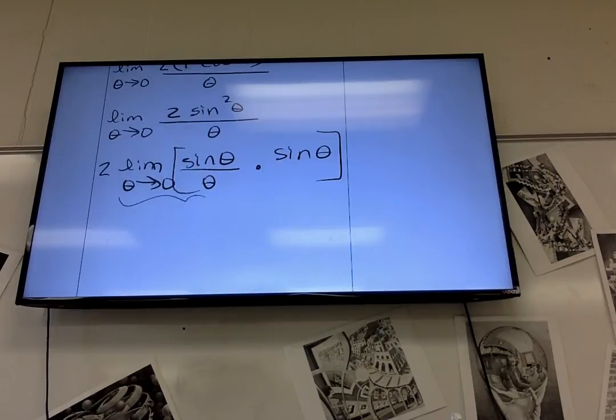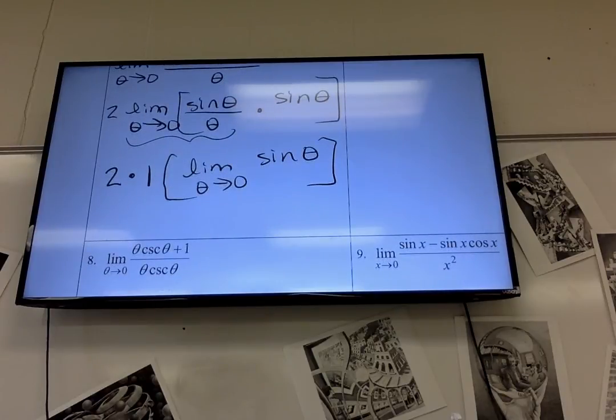So the limit of this one I know is 1. What's the limit as theta approaches 0 of the sine of theta? Let's look. It's 0. Here it is. Cosine's 1 and that's 0. Sine is the y coordinate, so it's 0.